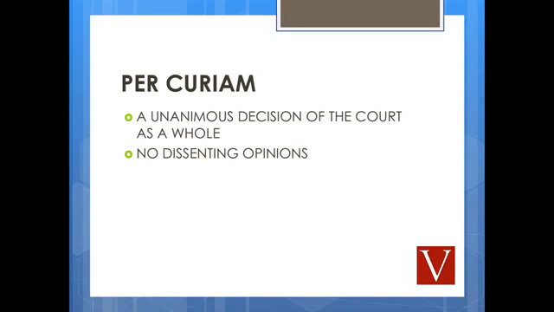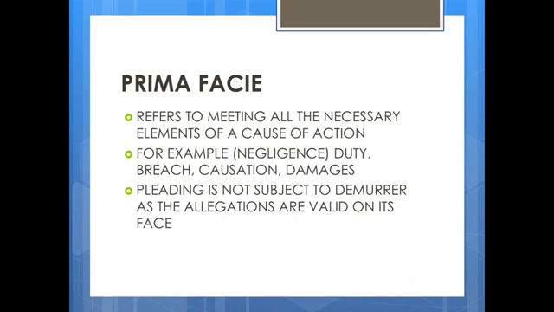But there are times when a court can come together and say, you know what, this decision's really obvious. We don't need dissenting opinions. We don't need concurring opinions. Let's just issue a per curiam decision. That means a unanimous decision of the court, speaking as a whole, as opposed to any individual judge, okay? Per curiam, that's a great one. You see it all the time.